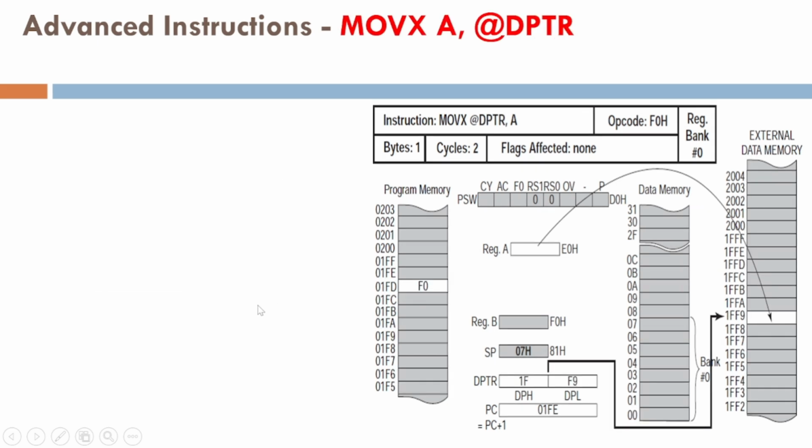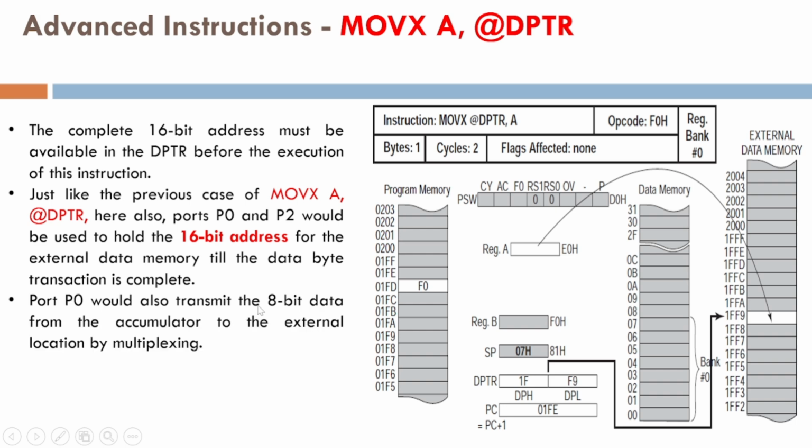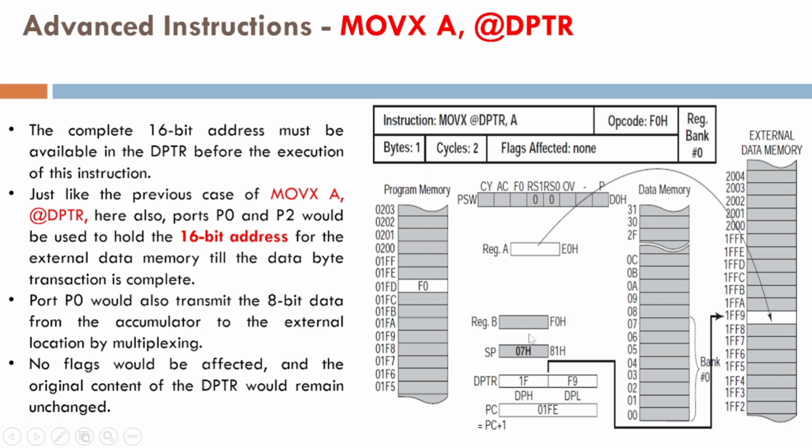Fine. Now let's have a look at the other side of it. In this case, we are using DPTR as the base register. So the content of the accumulator will again be transferred to the designated location whose address is presently inside the DPTR, where the lower part will be linked to P0, and the upper part can be sent through another port, which is P2.